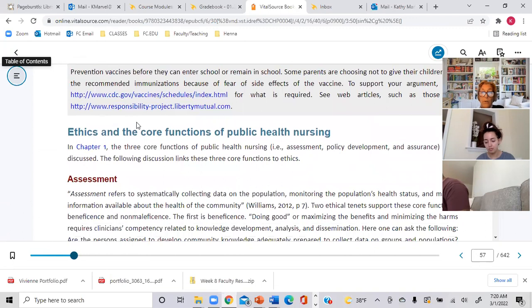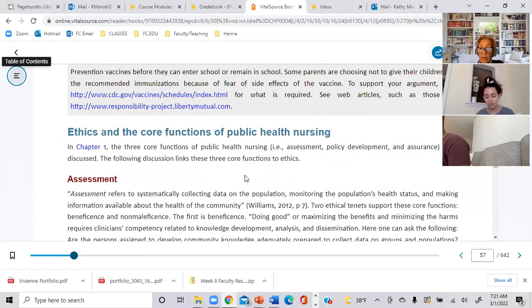Ethics and core functions of public health nursing. Okay, so in chapter 1, we discussed that the 3 core functions of public health nursing were assessment, policy development, and assurance. This is an excellent summary of those 3 core functions of public health nursing. I would highly suggest you take a look at that. We're on page 57.